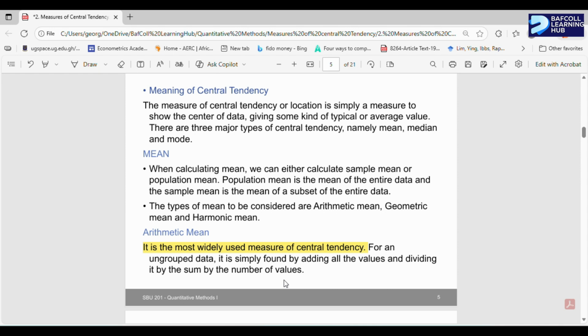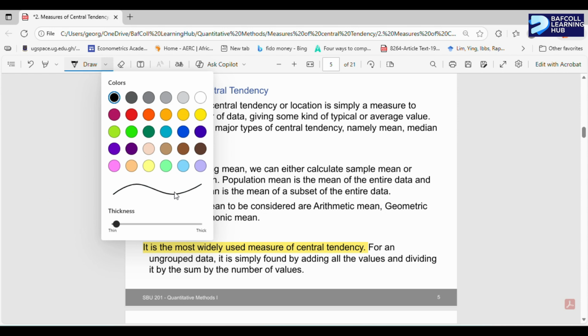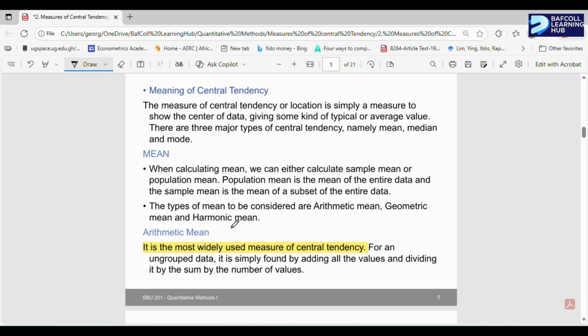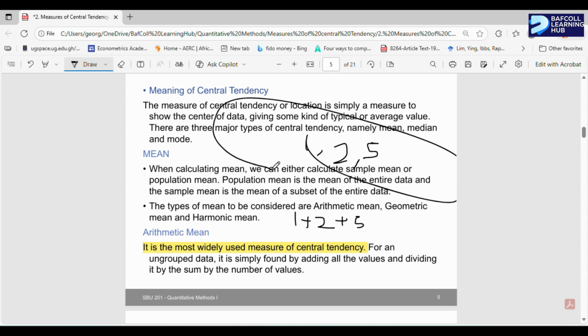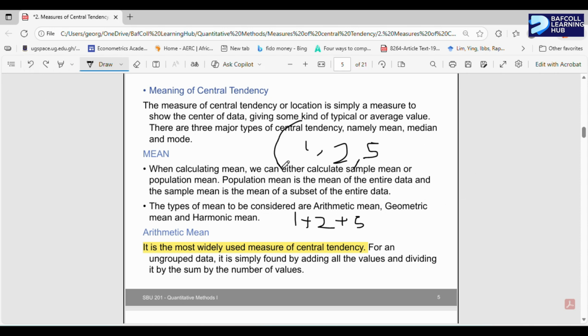So let's say we have 1, we have 2, we have 5. We have this ungrouped data over here.